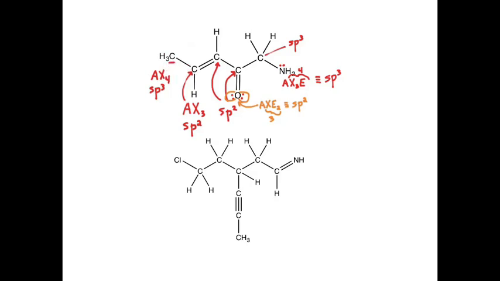So these are all sigma bonds. And including in that sigma bond is this sigma bond here. Looking at our next carbon atom, this carbon atom has 1 sigma bond, 2, 3. So there's a total of 3 sigma bonds there.